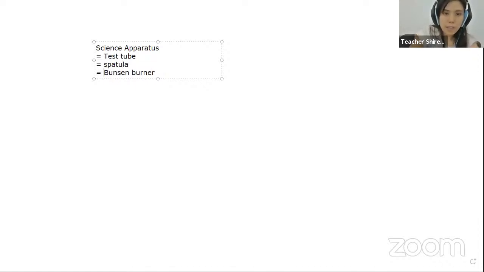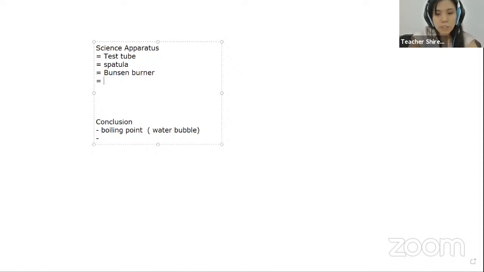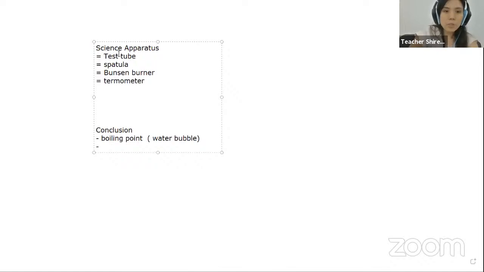And then over here, the conclusion that we learned: boiling point means that when the water has bubbles, that is actually the boiling point. Oh, I forgot. One more science apparatus that is very important today is the thermometer.